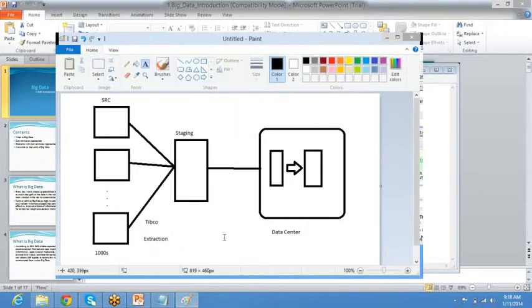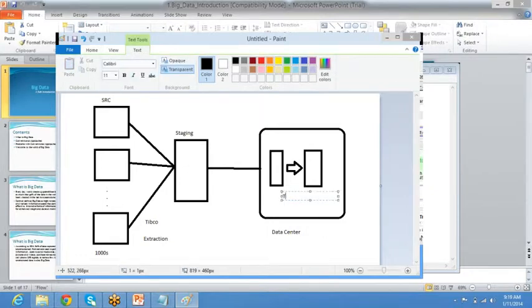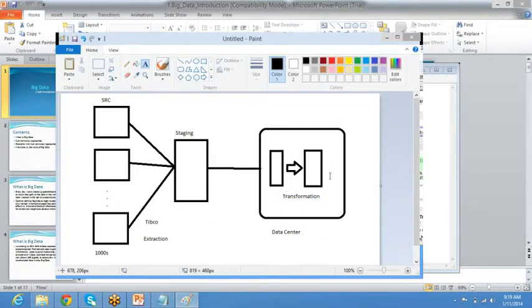This is ETL: extraction. This is transformation, and the next thing is that you load it into your warehouse. Let me just draw the arrow for the same.